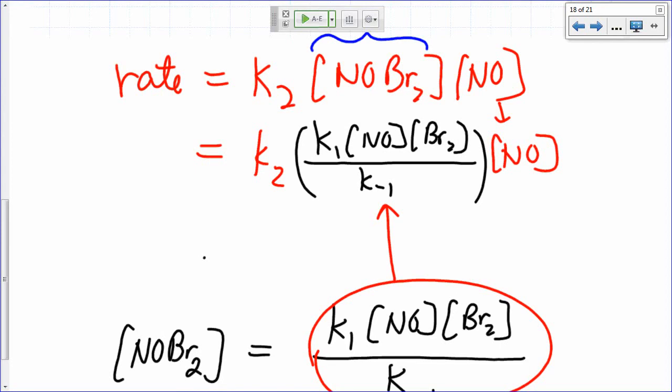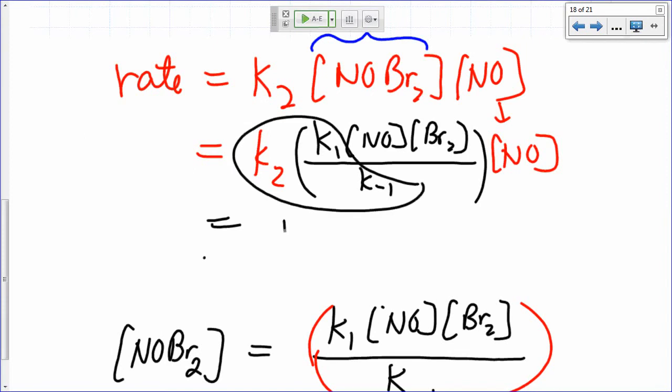So how can I simplify this now? I'm going to collect all of these constants right here. These are all constants. A constant times a constant divided by another constant is just another constant. So I'm just going to call it K. And what is NO times NO? NO squared, right?